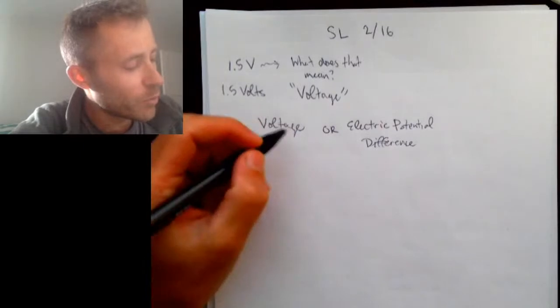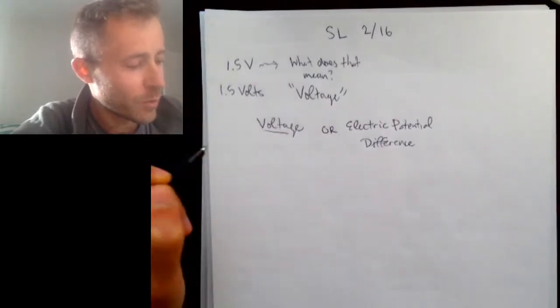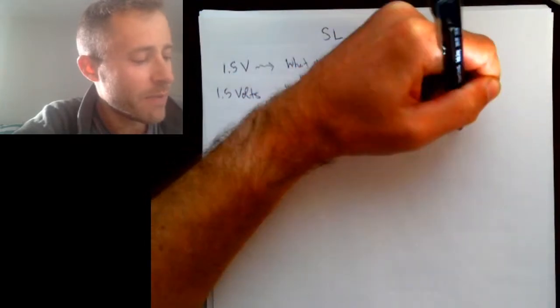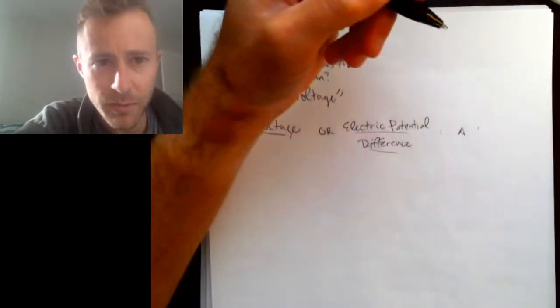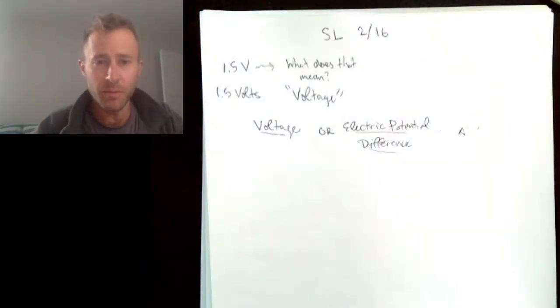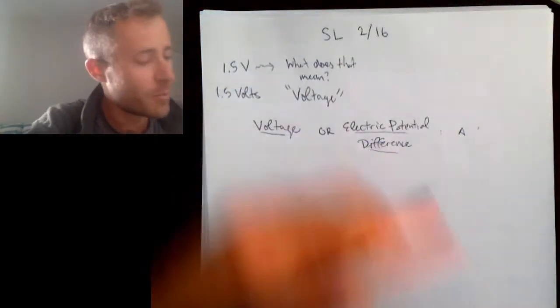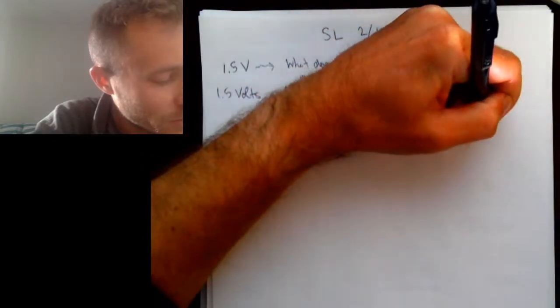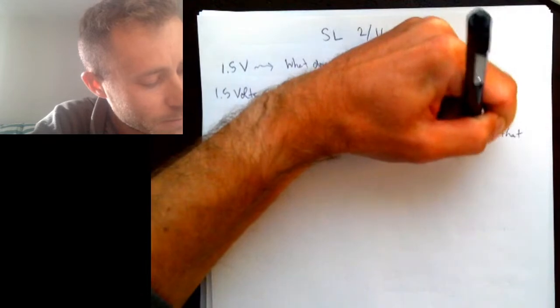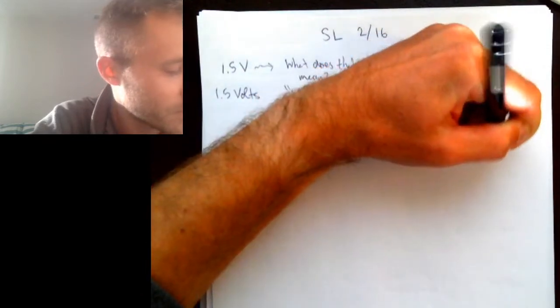So basically what voltage, or electric potential difference, is, you could think of it intuitively as a force. This isn't the mathematical definition. We're going to learn the mathematical definition in a second. But intuitively, it's a force that causes current to flow.